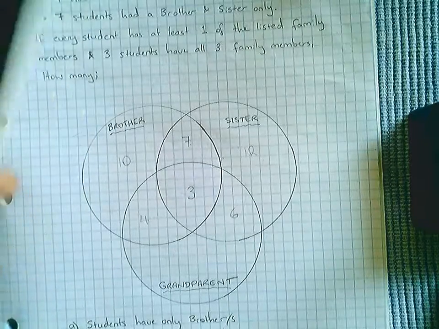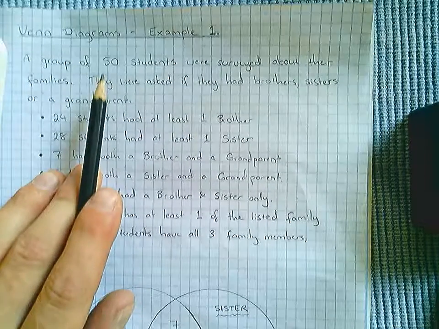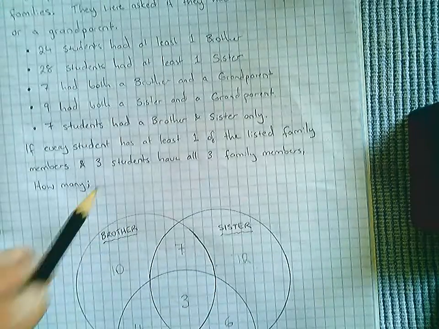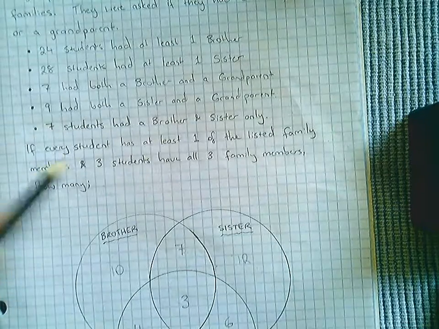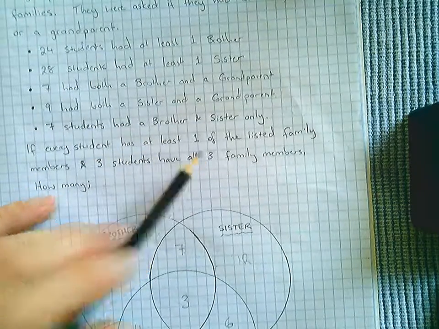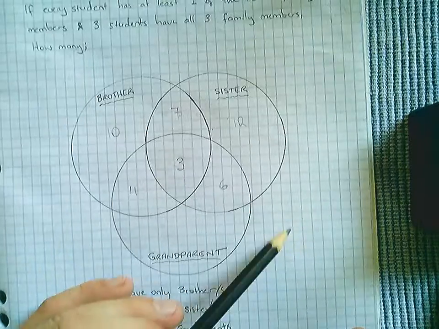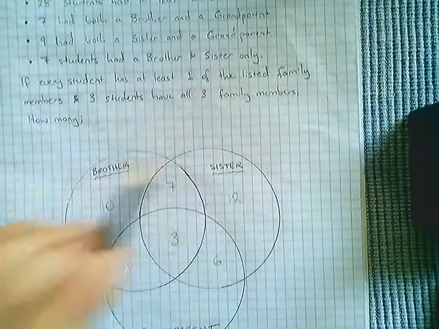Now, 42 compared to the 50 students in the question is 8 different, which means this value must be 8. I know it's 8 because I'm also told that every student who was surveyed had at least one of these things. So there's no students sitting out here that have none of these. That's specified here.